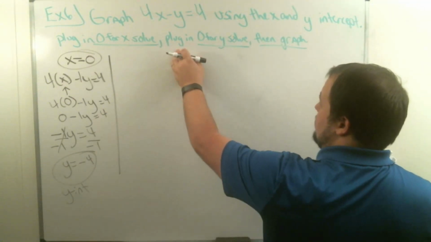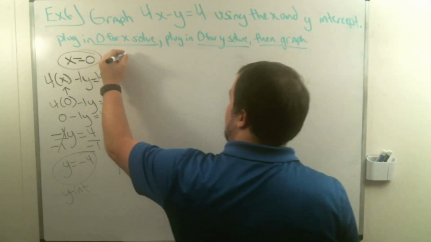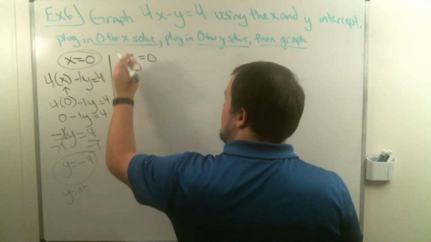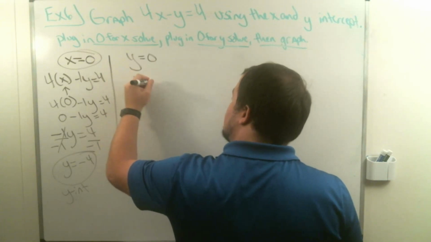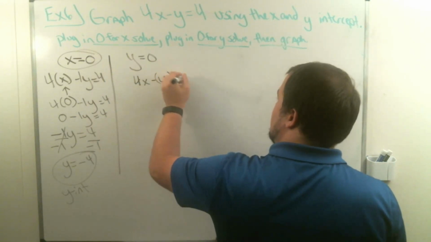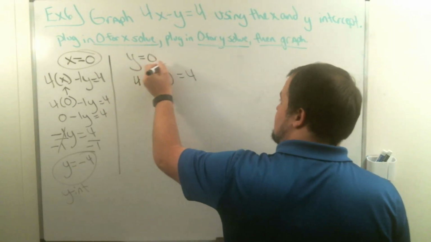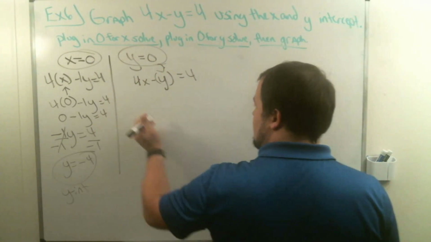Now, the next thing we're going to do is plug in 0 for the y and solve. So this one is where y equals 0. We're going to rewrite this equation right up here. We have 4x minus y, and I'm going to put y inside parentheses, equals 4. The reason I'm putting y inside parentheses is I'm going to make my y 0.